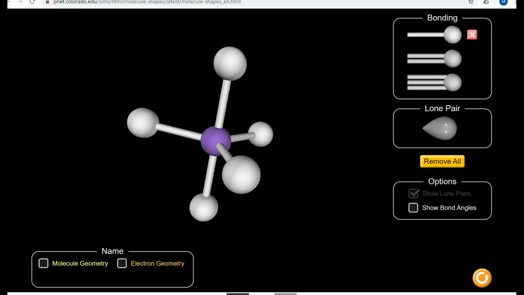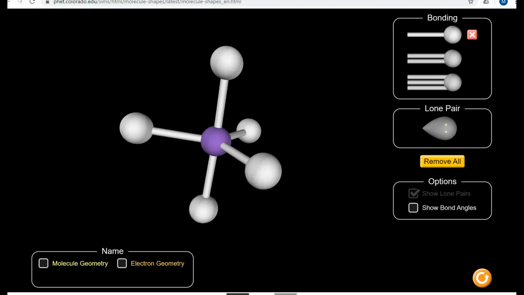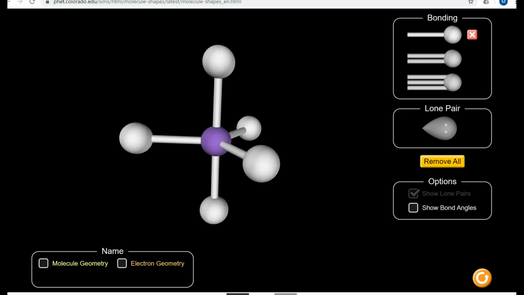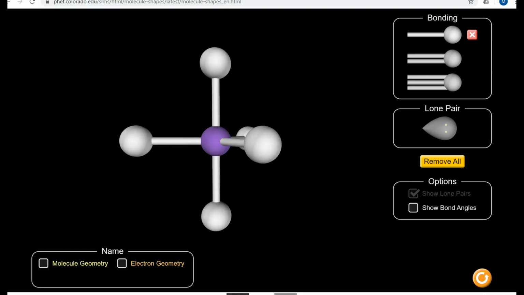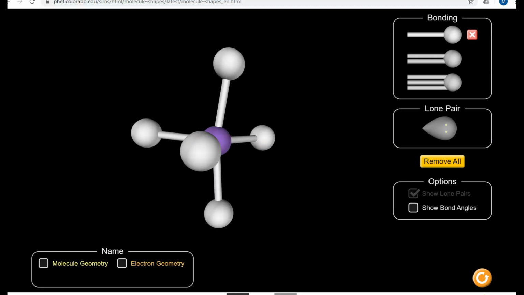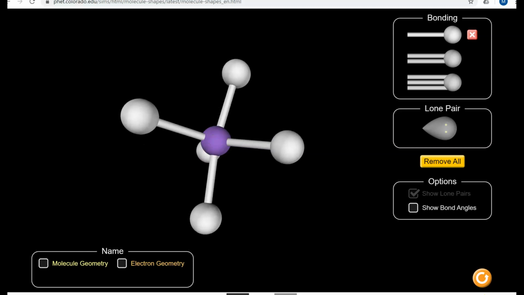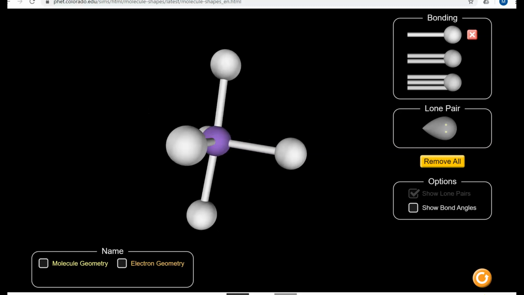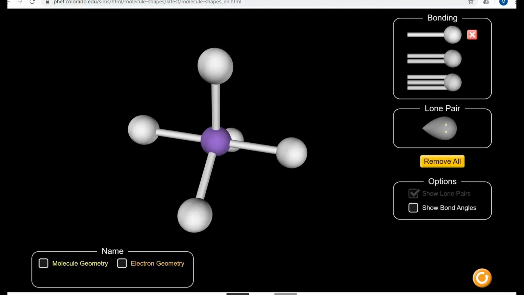The right way to look at this, and when you build it, whether it's out of marshmallows or here online, there are 3 bonds that go around the center, and then there's a North Pole and a South Pole, kind of. And actually, around the center, those are called equatorial positions.